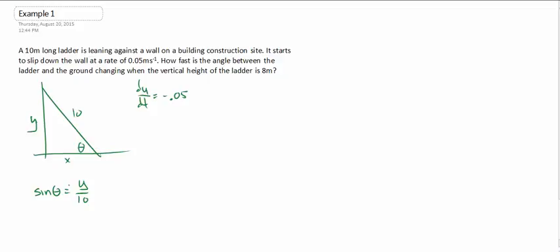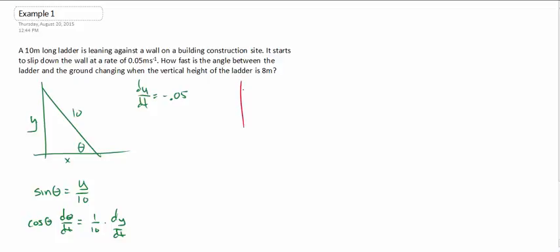So derivative, let's go. We've got cosine theta d theta/dt equals 1/10 times dy/dt. So there is the relationship between my rates, between how theta is changing and how y is changing.